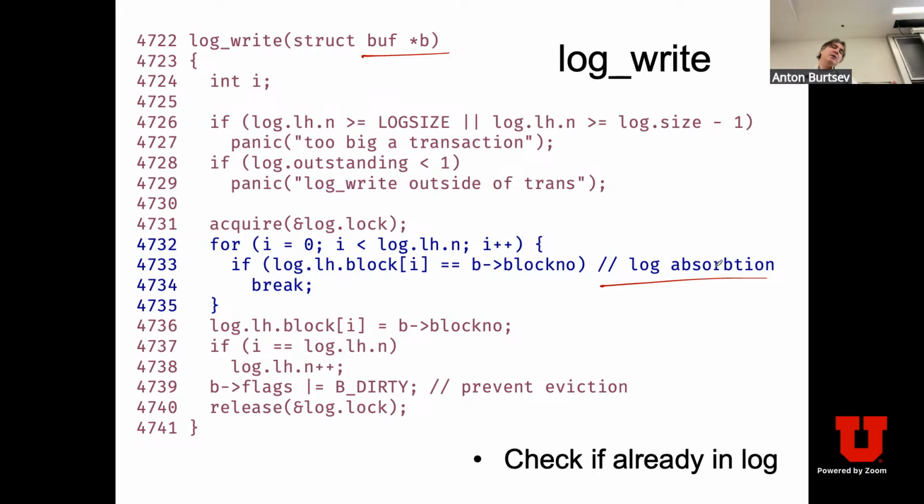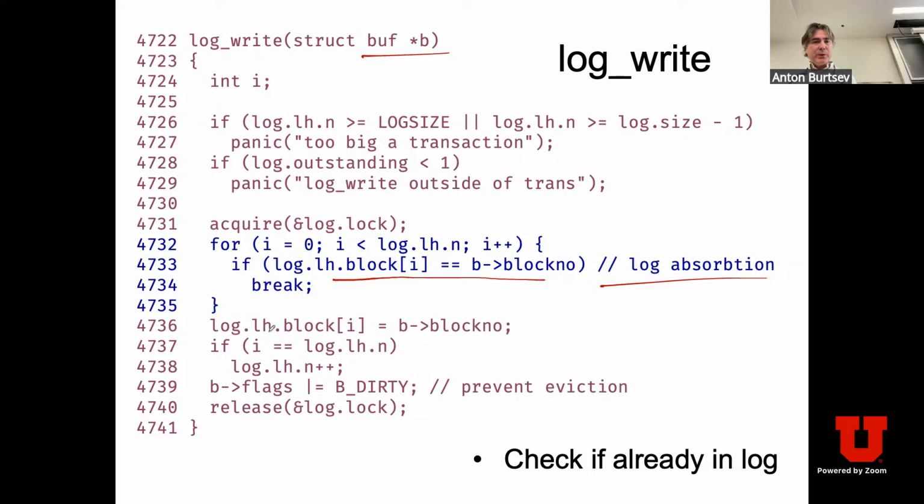You technically can write it twice, but it's probably just wasteful, because it will duplicate the commit, and when you install the transaction to the data area, you'll just waste your time. And essentially here you say, look, if this block is already in the log, then just forget about it. Everything is fine. You break, you don't have to add it.